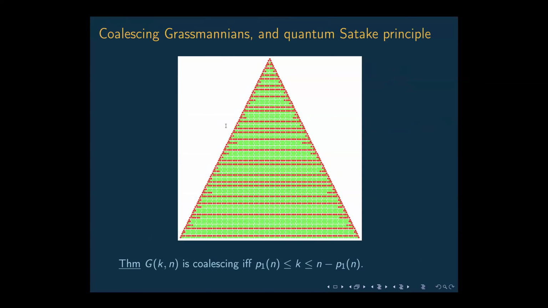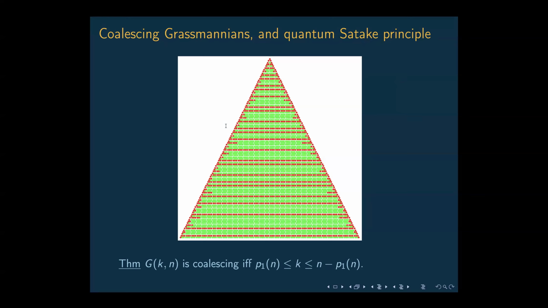So imagine representing the class of all Grassmannians in a Tartaglia-Pascal triangle. So you replace the binomial coefficient n choose k with a Grassmannian G(k,n). And you color in red those Grassmannians which do not manifest coalescences of eigenvalues, and in green you represent Grassmannians which do have coalescences of eigenvalues.